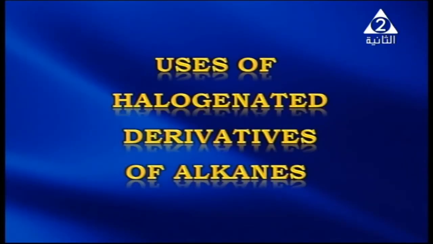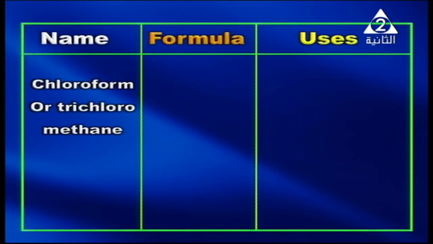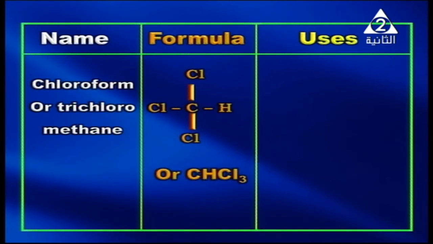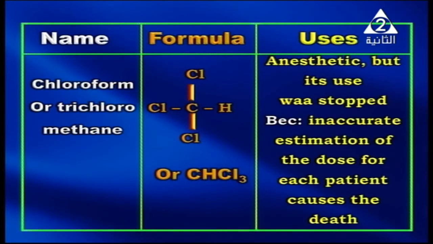Now we are going to discuss the uses of halogenated derivatives of alkanes: the name, the formula and the uses. Chloroform or trichloromethane, its formula CHCl3 or structural formula as shown on the screen. Its use was as an anesthetic substance, but its use was stopped because inaccurate estimation of the dose for each patient caused death.